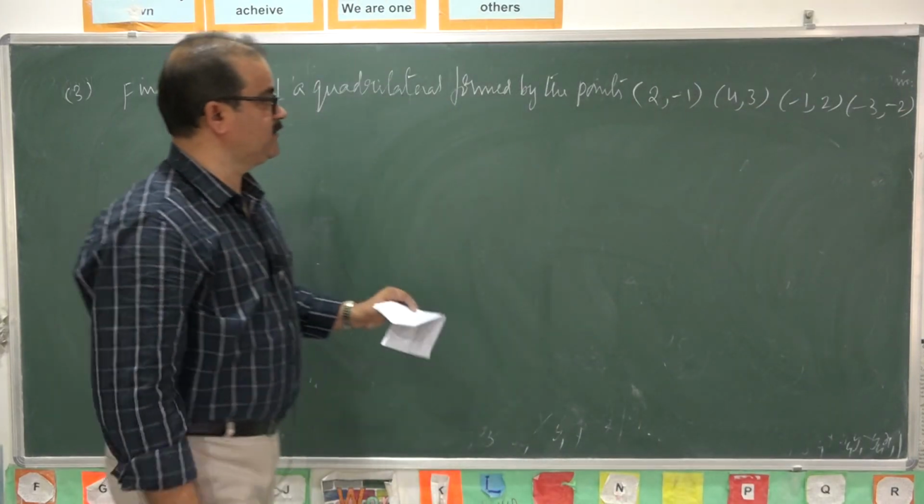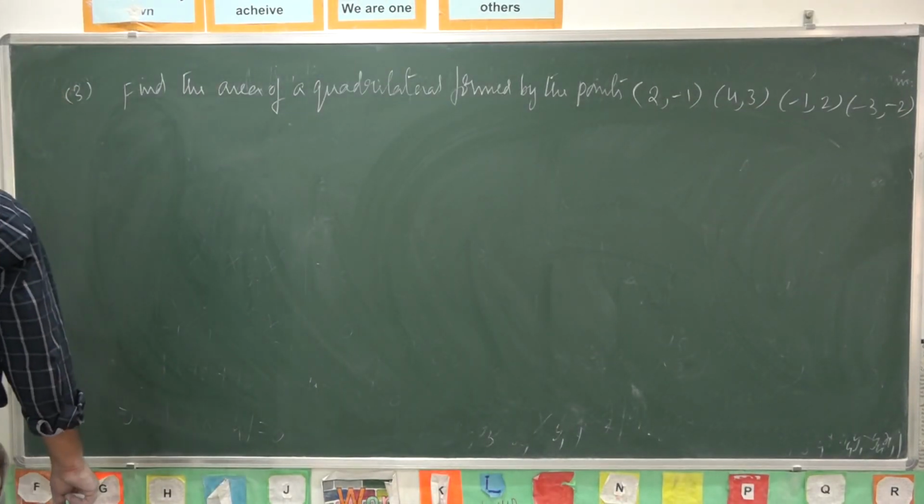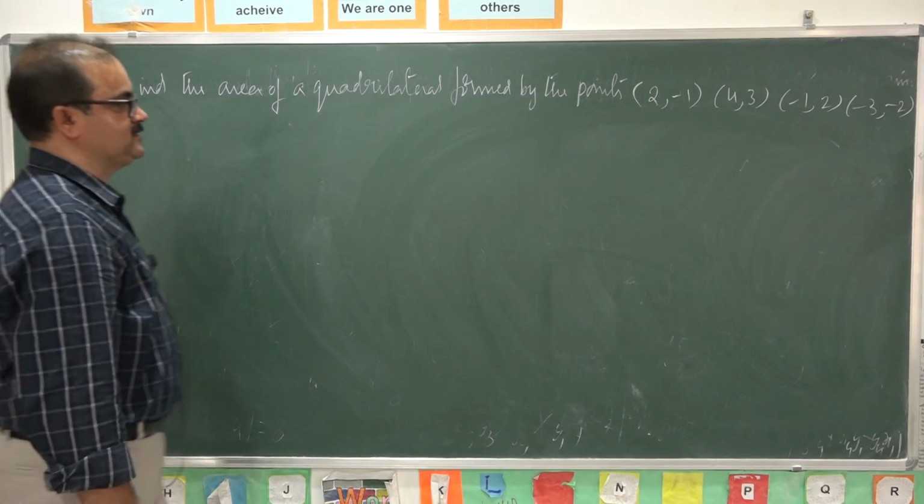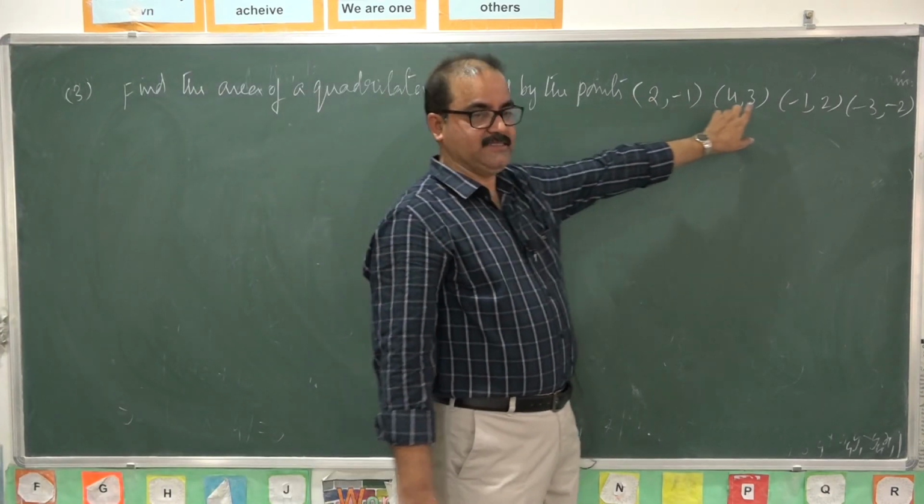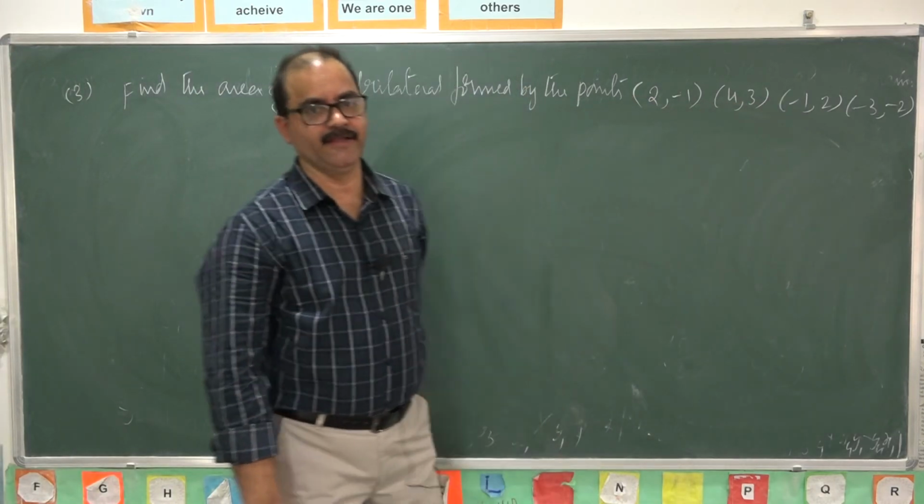Find area of the quadrilateral formed by those 4 points. Take these 4 points as A, B, C, D.